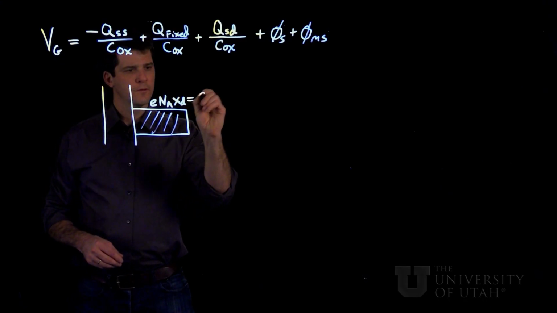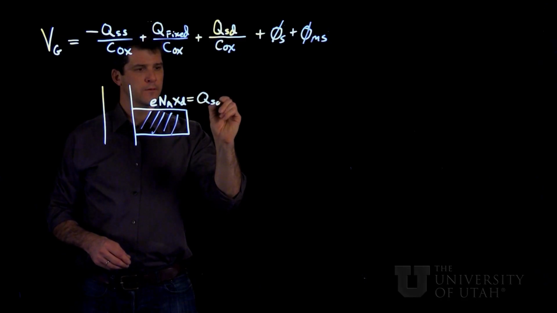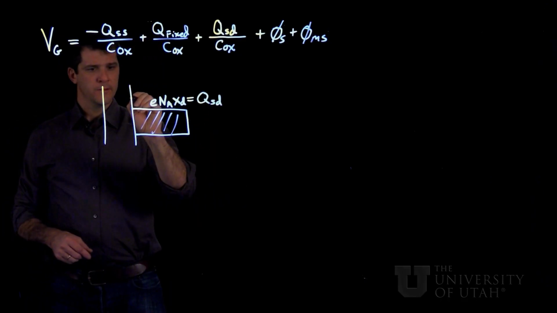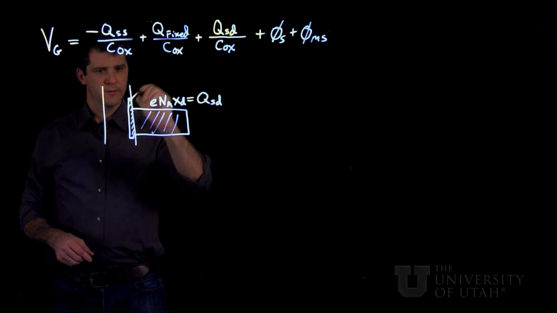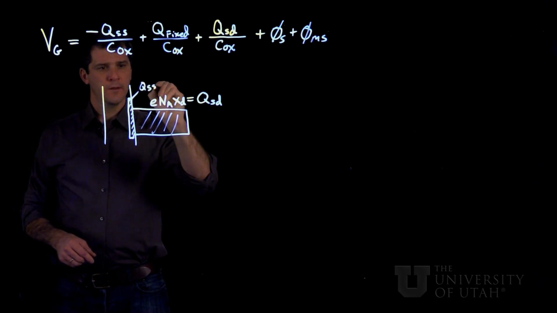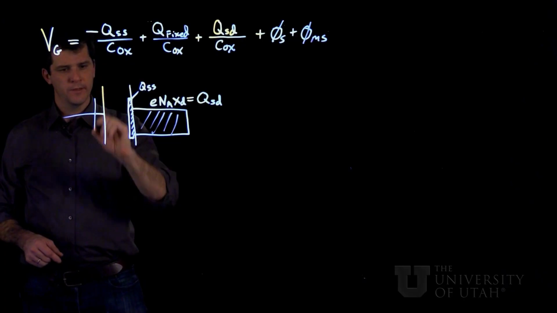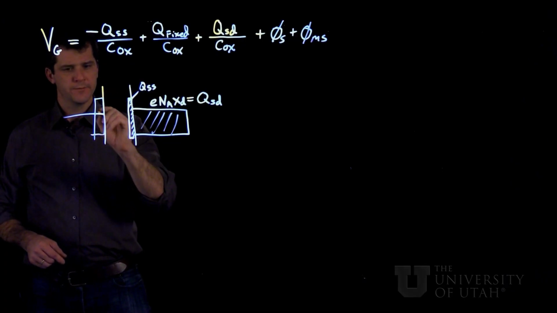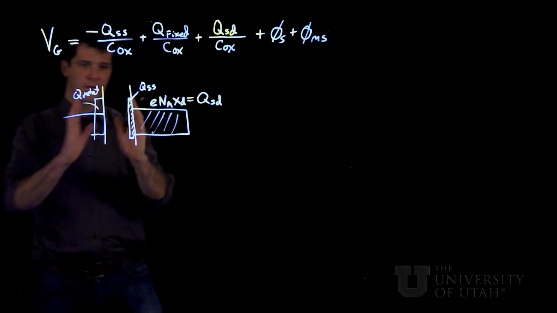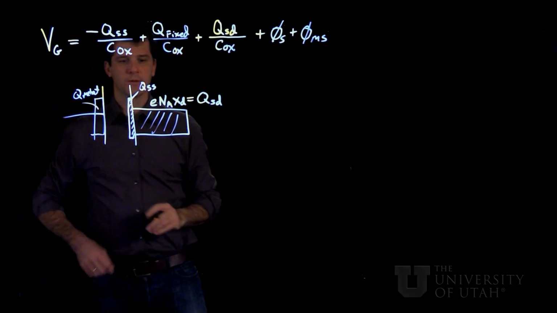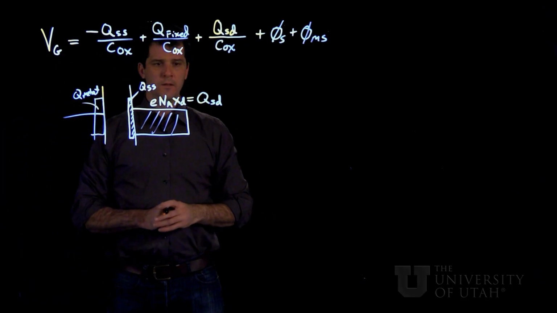And this is going to equal our Q_sd. Now we can also have this accumulation of charge here, Q_ss, and then of course on the other side we have the appropriate amount of charge in the metal to balance out this parallel plate capacitor.